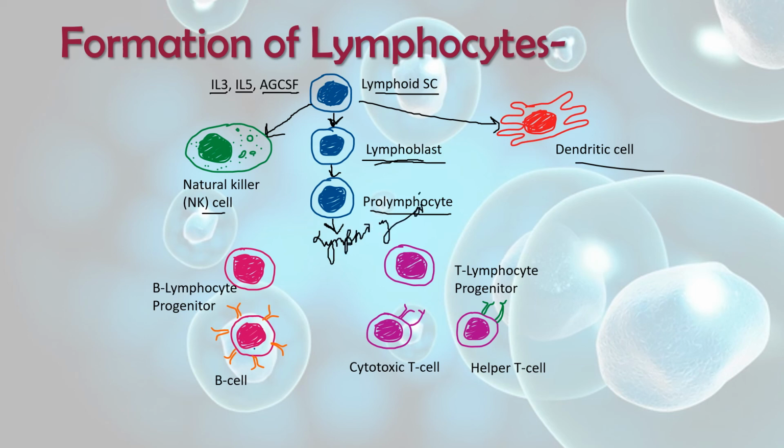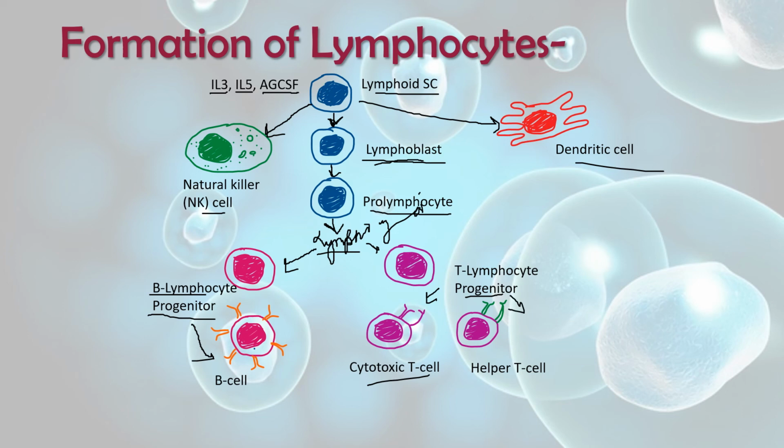This lymphocyte leaves the bone marrow and goes to the blood and then resides in the lymphoid organs where they mature. Two types of lymphocytes are formed. First is the B lymphocyte progenitor, which forms B cells, and the other is the T lymphocyte progenitor, which forms the cytotoxic T cell and the helper T cell.